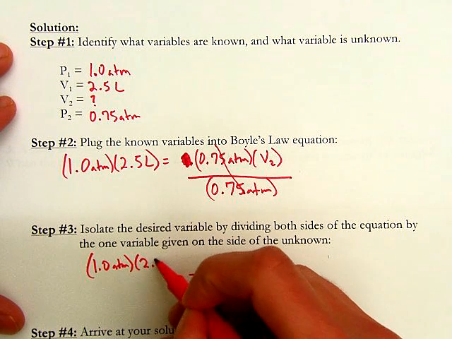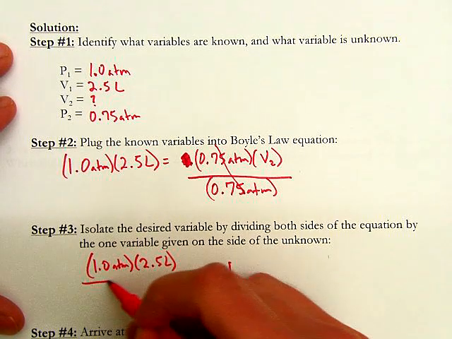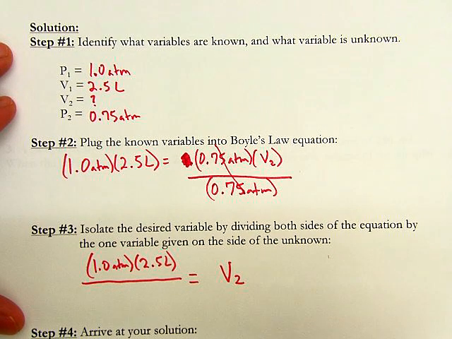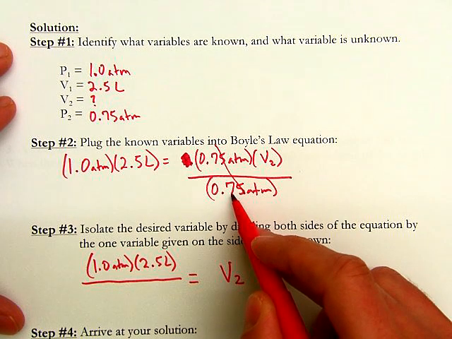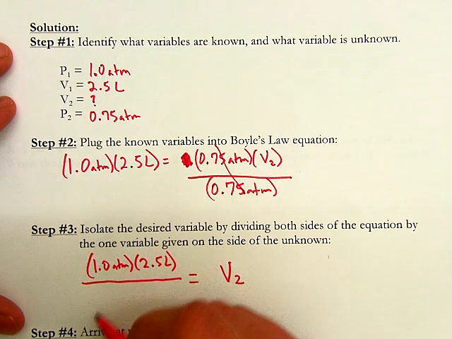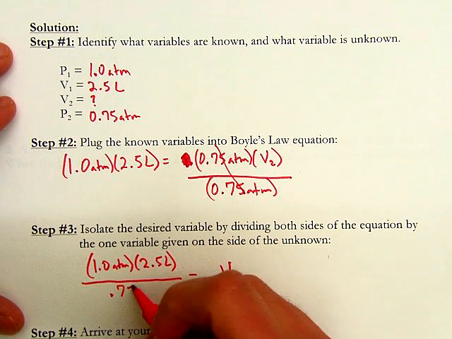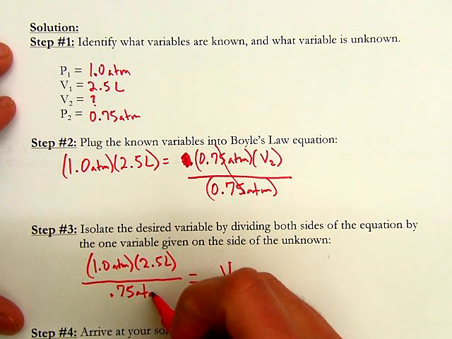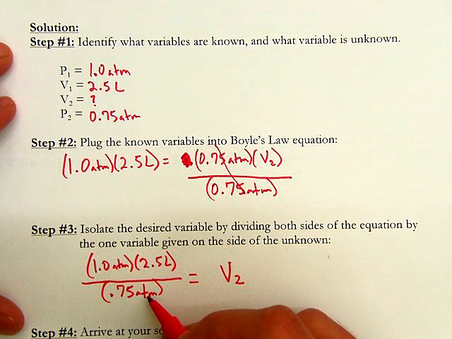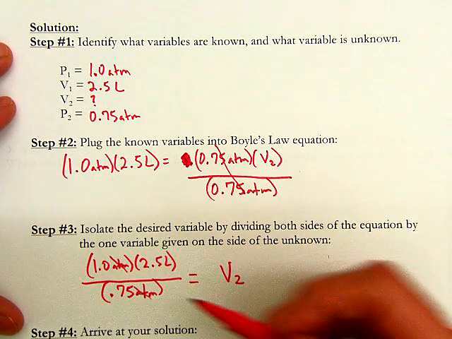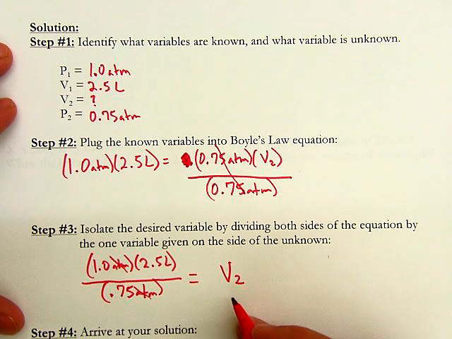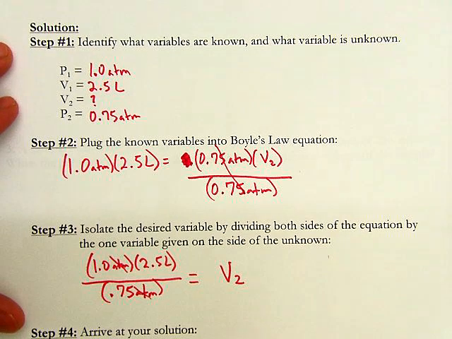V2 is going to be equal to 1 atmosphere times 2.5 liters. Whatever we do to one side of the equation, we're going to do to the other. So because we divided by 0.75 over here, we're going to divide by 0.75 on the left side as well. And you can see that our units of atmospheres will cancel, and we'll be left with our answer, which will be a volume in liters.